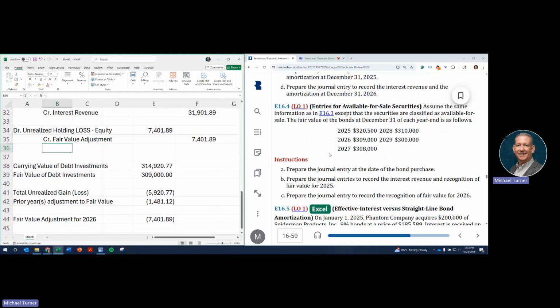So therefore, we record the fair value adjustment each period into a holding account inside of equity. In this case, we're calling it unrealized holding loss or gain, depending on the year, with the adjustment to the fair value adjustment account. So at this point, this does conclude the example to solve exercise 16.4, entries for available for sale securities.